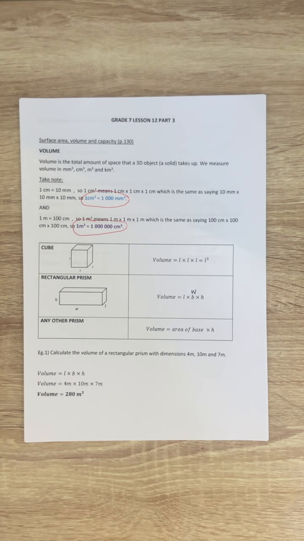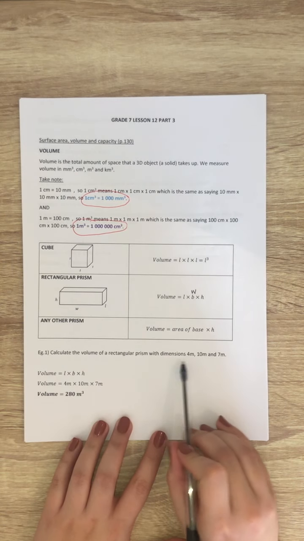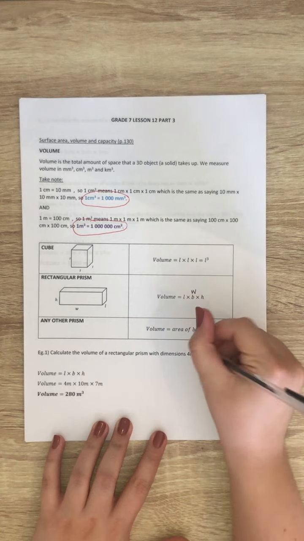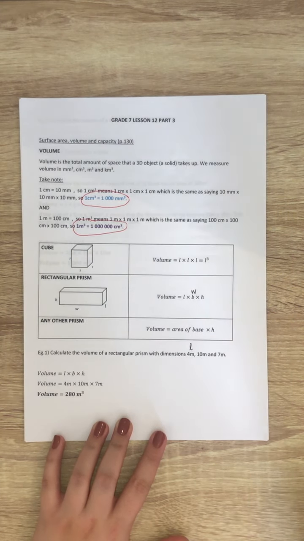So example 1 says, calculate the volume of a rectangular prism with dimensions 4 meters, 10 meters, and 7 meters. Okay, so now remember, first thing, you can label length, width, or length, breadth, and height on these numbers. So let's say I'm going to use length is 4.